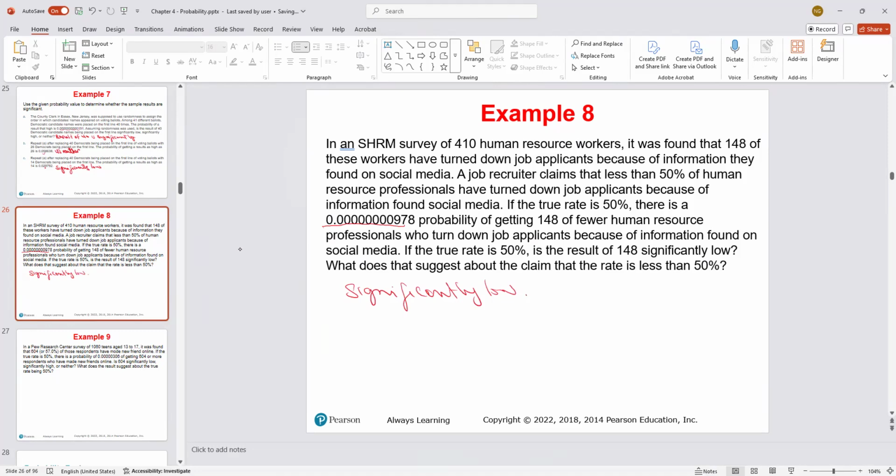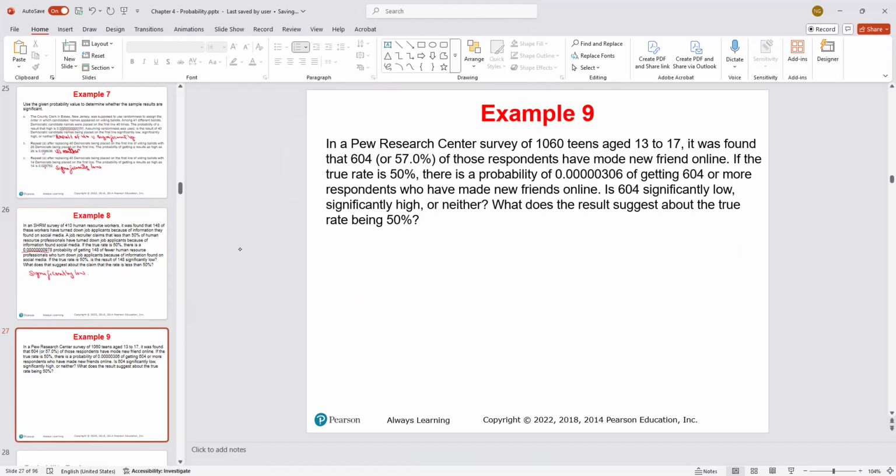This suggests that the claim that the rate is less than 50% appears to be supported. So it's significantly low because of that probability. As you can see, it's very small.